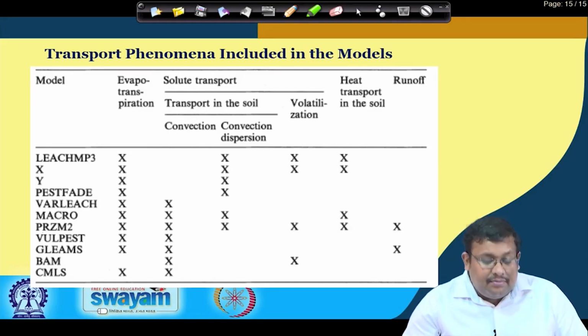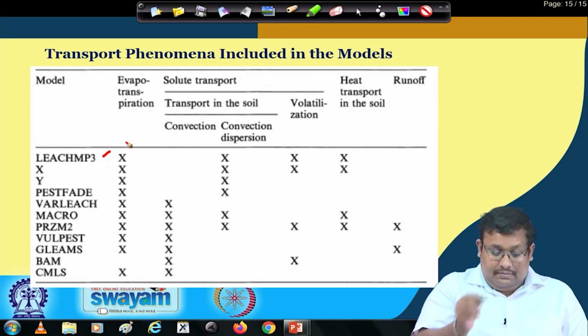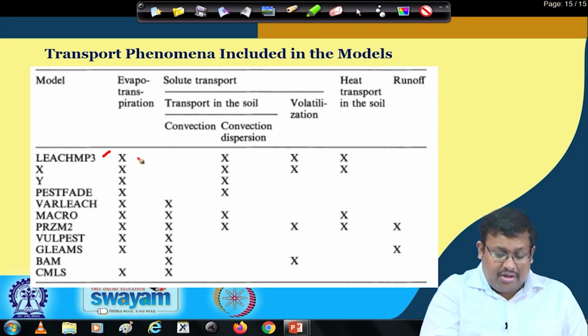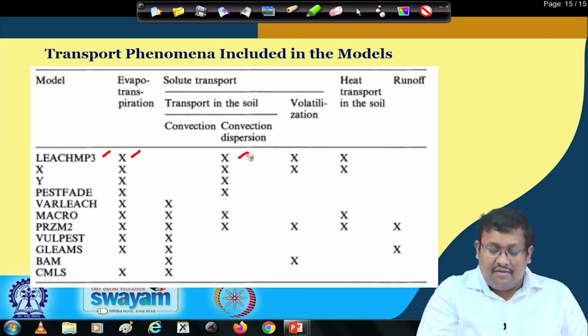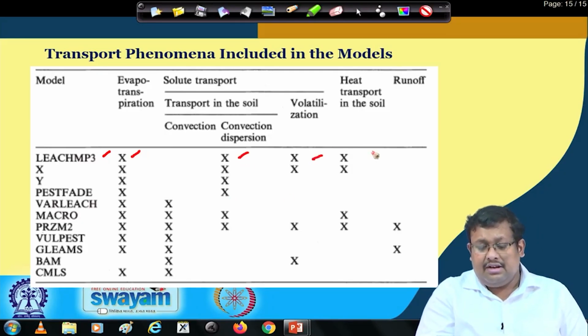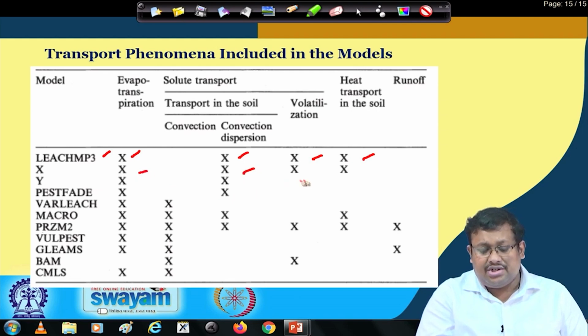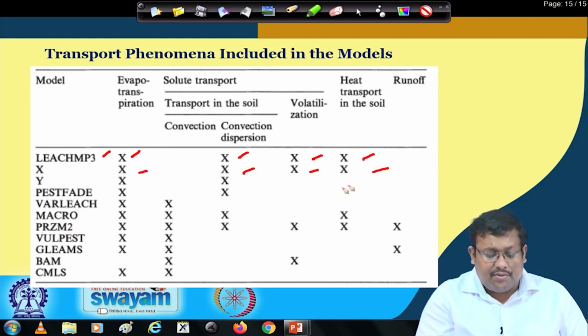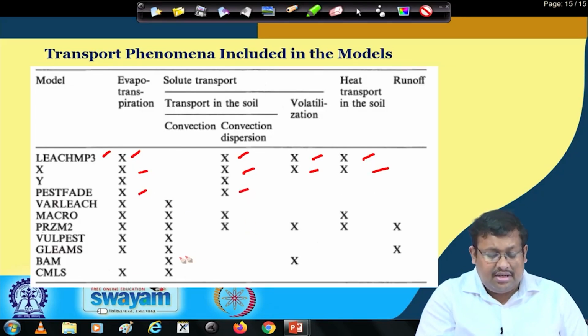Now, what are the different transport phenomena which are included in the models? So, let us discuss some of them. So, if you consider the Leach MP3 model, which we just discussed in the last slide, it consists of evaporation, transpiration, then convection dispersion, volatilization, and also heat transport in the soil. Similarly, X considers the evaporation, transpiration, convection dispersion, then volatilization and heat transport. Pest fate, both evapotranspiration, then solute convection dispersion.